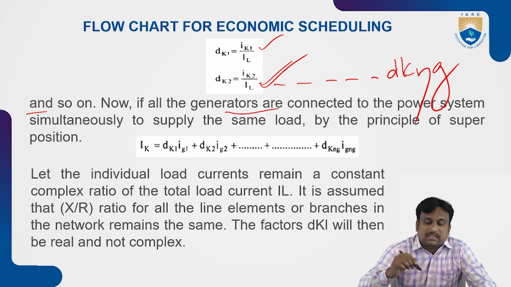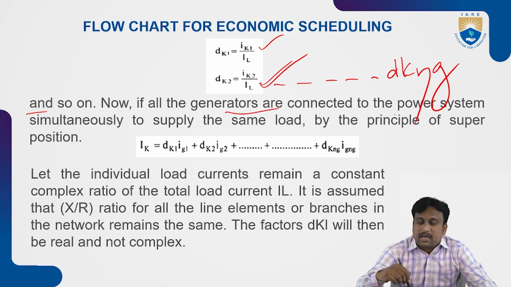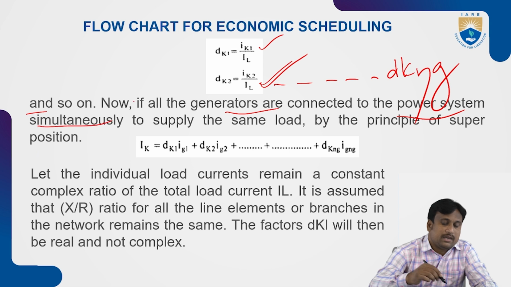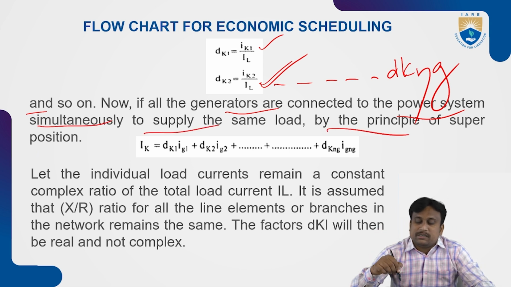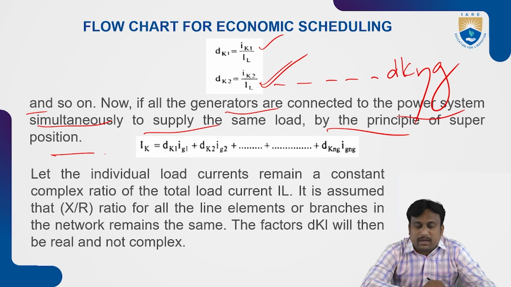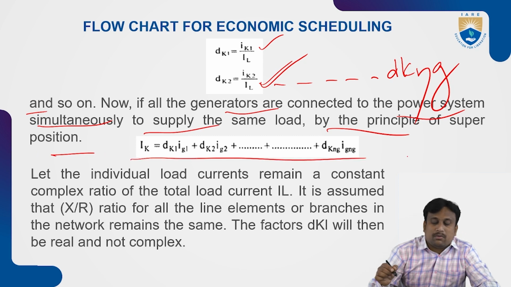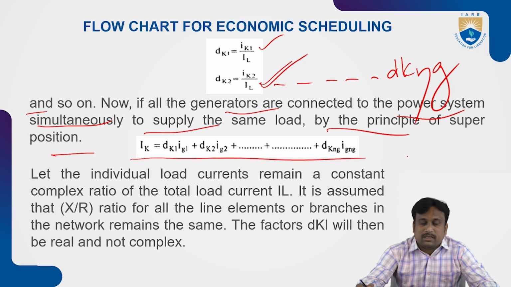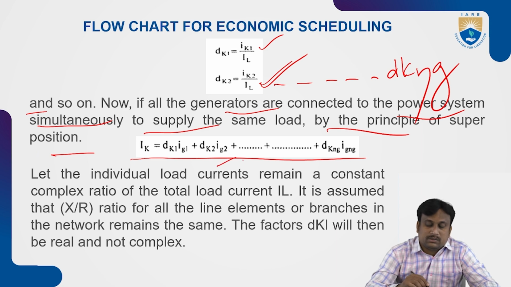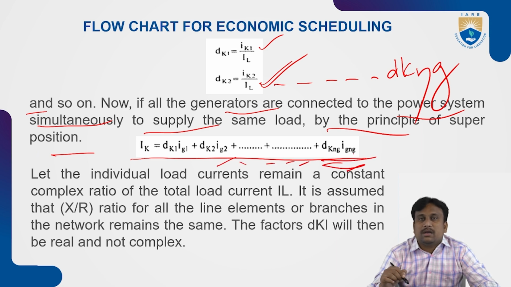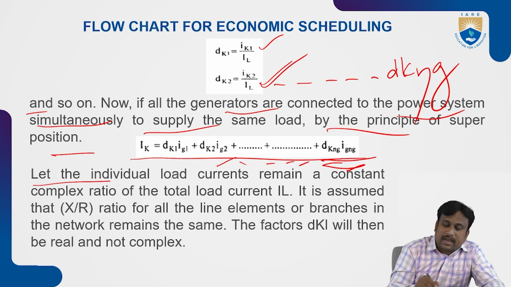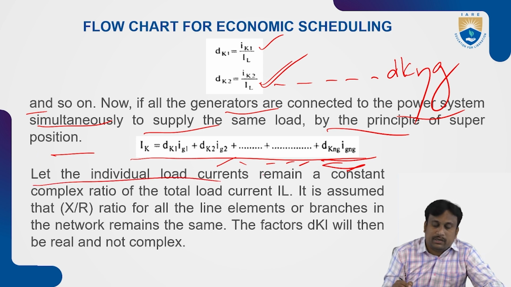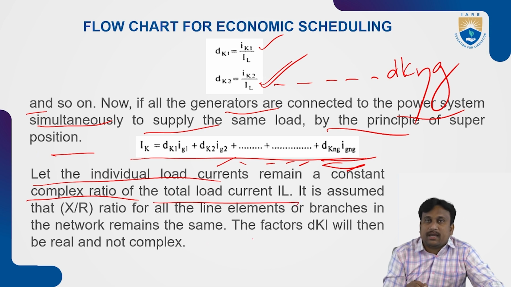So if all the generators are connected to the entire power system network simultaneously to supply the same load, by the principle of superposition, IK equals DK1 IG1 plus DK2 IG2 plus so on plus DKNG IGNG. Let the individual load currents remain constant, with the complex ratio of the total load current IL.